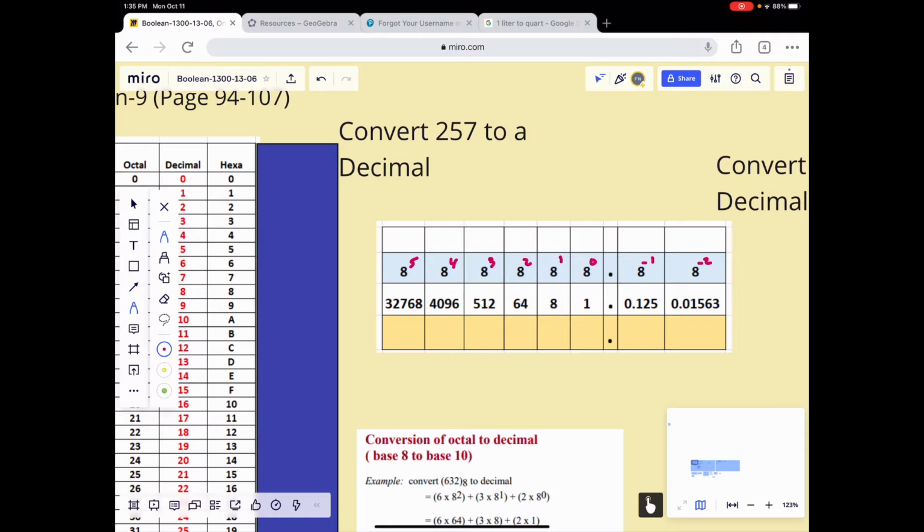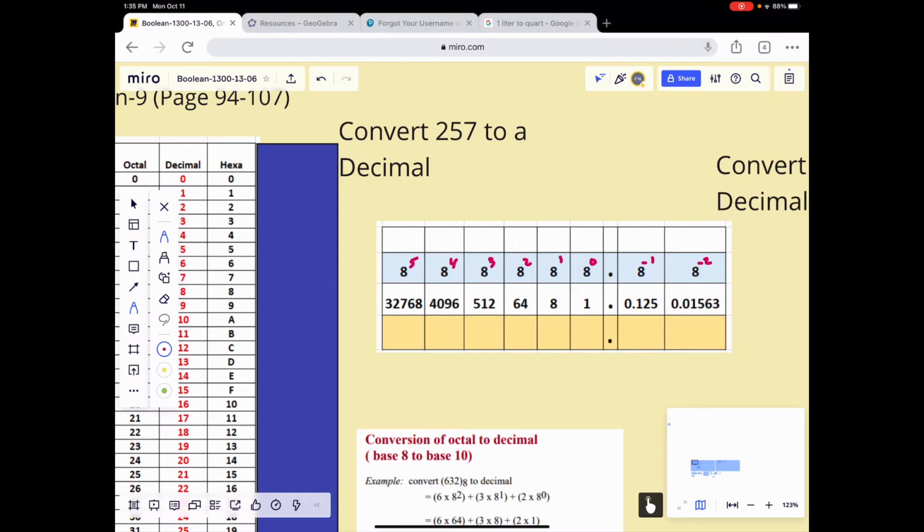What you need to do is line the digits up under the place value table, and make sure that each digit corresponds to its correct weight in the table. After that, you multiply each digit by its weight, and then you add the products. So in this case, we have 257.